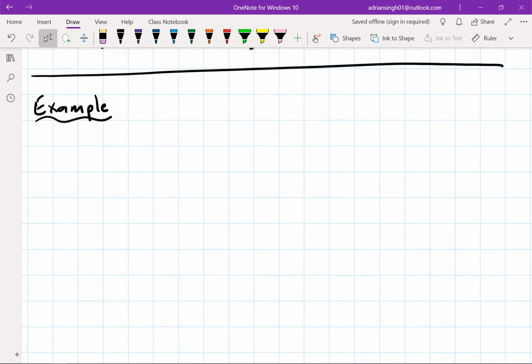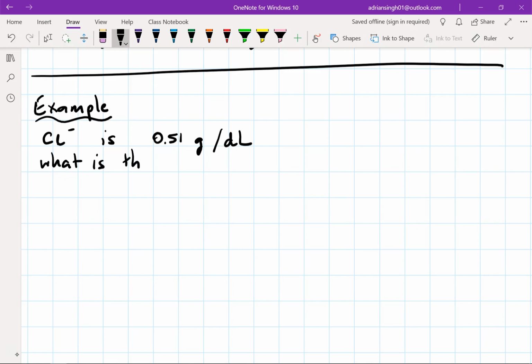So let's say, for instance, that the concentration of chloride ions, Cl minus, is 0.51 grams per deciliter (dL), and we want to convert the units now to milliequivalents per liter.